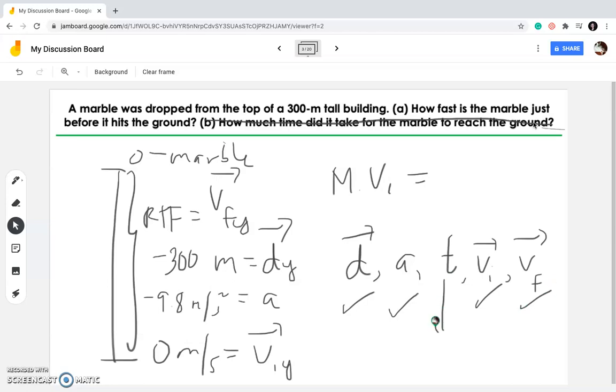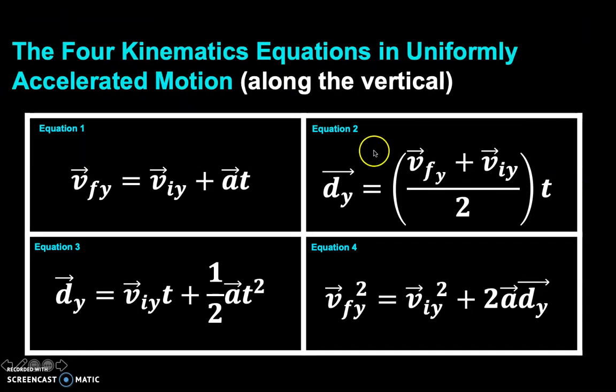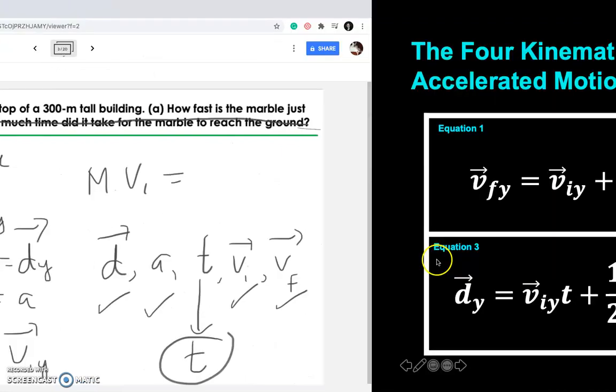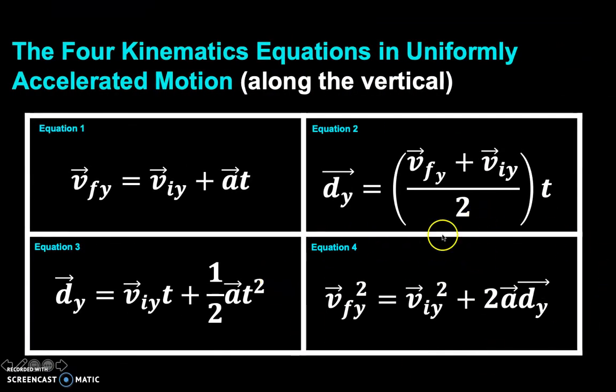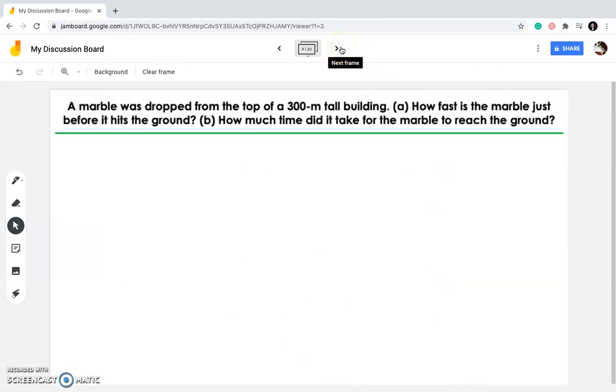Therefore, the missing variable is actually time. So once again, we pick the working equation based on the missing variable. If the missing variable is time, we have to use equation 4 because equation 4 does not contain time, which is the missing variable. So let's go forward. We're going to use equation 4 for this one.